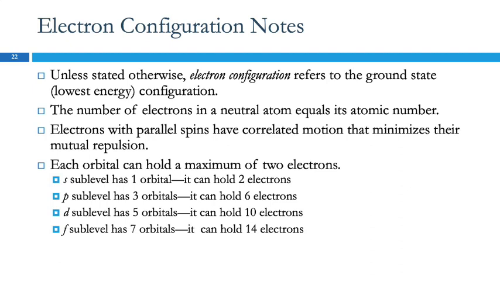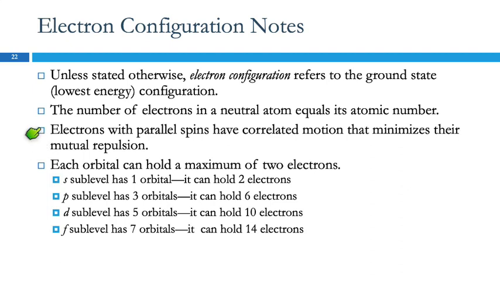The number of electrons in a neutral atom is equal to its atomic number. So like cobalt is number 27, it has 27 electrons, okay? So if the cobalt bus came, there'd be 27 electrons staying in the hotel. Electrons with parallel spins in different orbitals have correlated motion that minimizes their mutual repulsion.